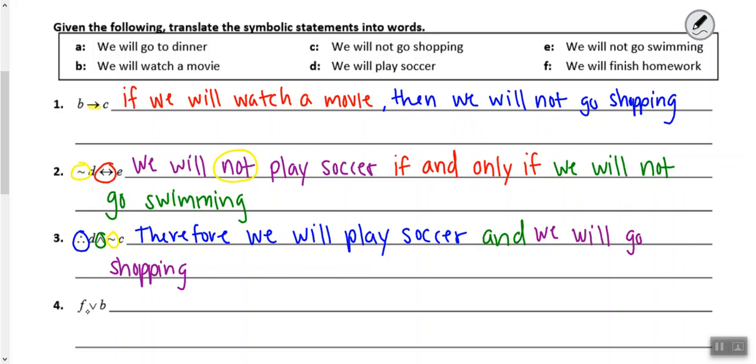And then finally, F, number 4. We will finish homework, so that's F. We will finish homework. Upside down arrow is or, and then B, we will watch a movie.